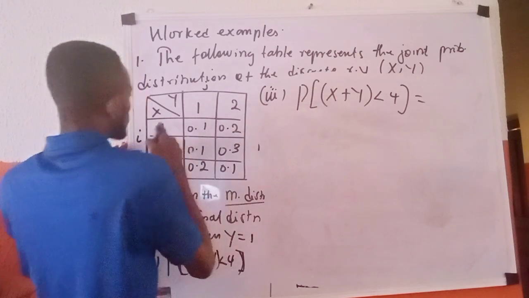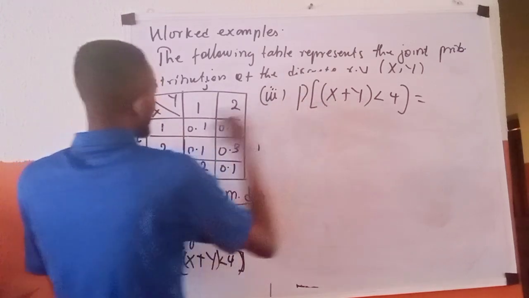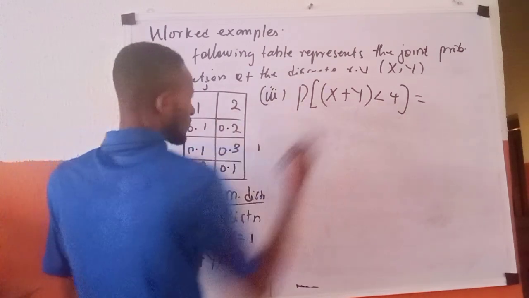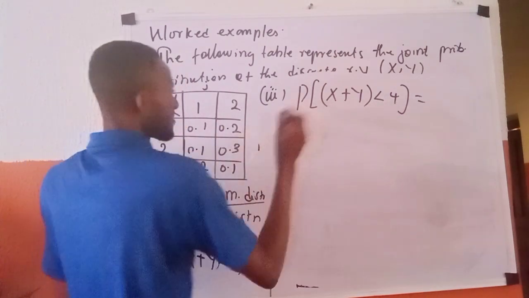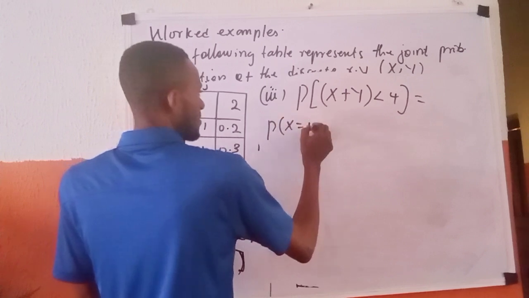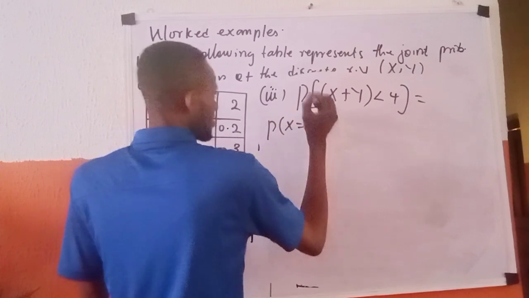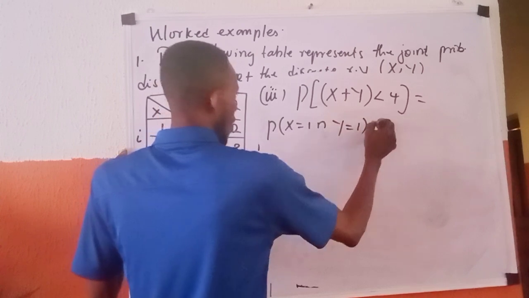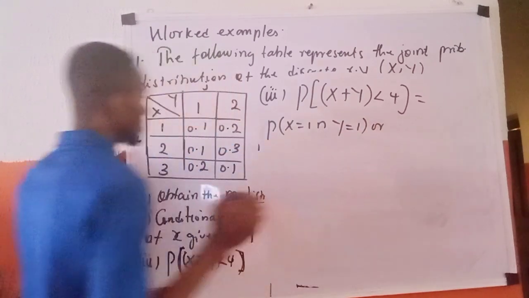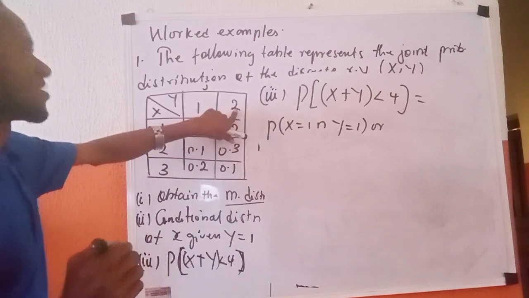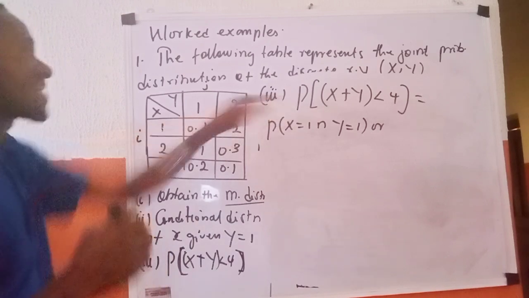If this x takes a value 1 and this y takes a value 1, you find out that 1 plus 1 is less than 4. So I'm interested in the probability that x equals 1 intersection y equals 1. Or when you say this plus this, it will give you 3, which is still less than 4.